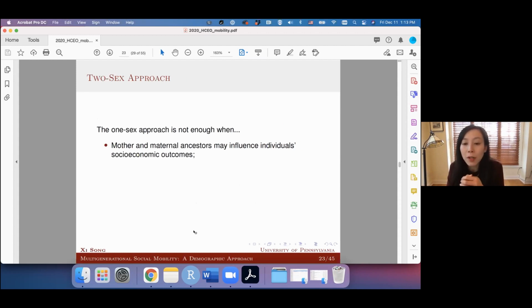In some ancient societies, for example in ancient China or in the Jewish population, the priest status can only be passed down from fathers to sons. So in those cases, when the transmission of socioeconomic characteristics is sex-linked, we can adopt a one-sex approach.